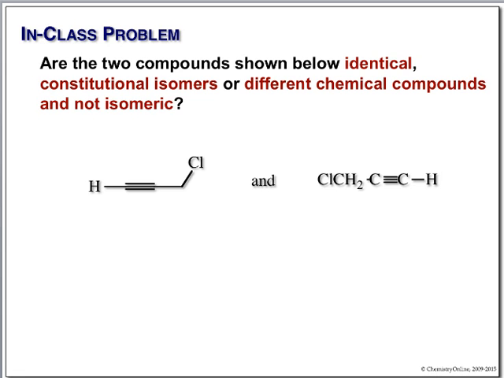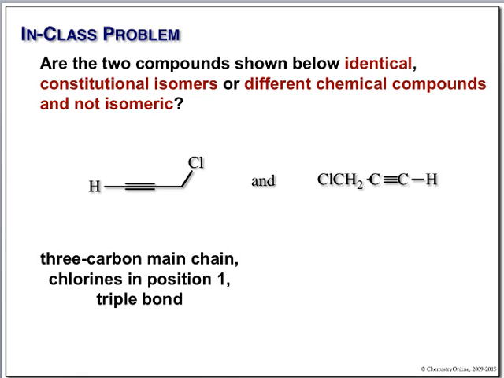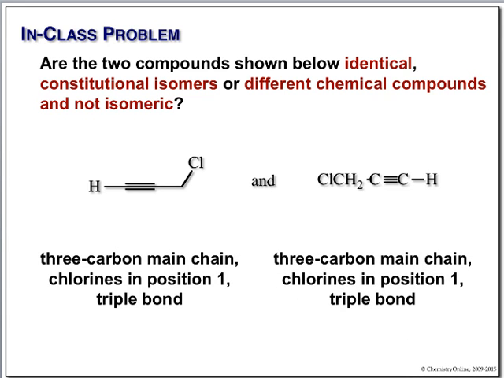Triple bond and 1 chlorine. Over here we have 1, 2, 3 carbons in our chain. Triple bond and a chlorine. Chlorines are both in position number 1. These are identical compounds, aren't they?